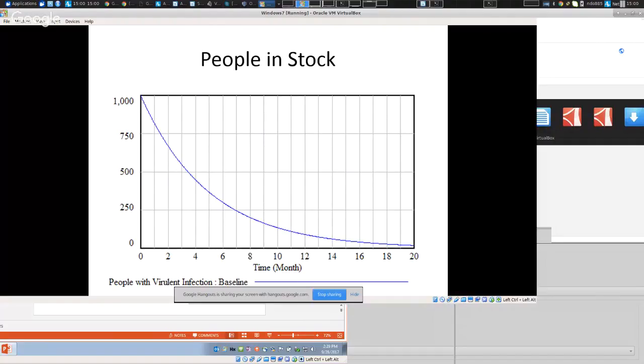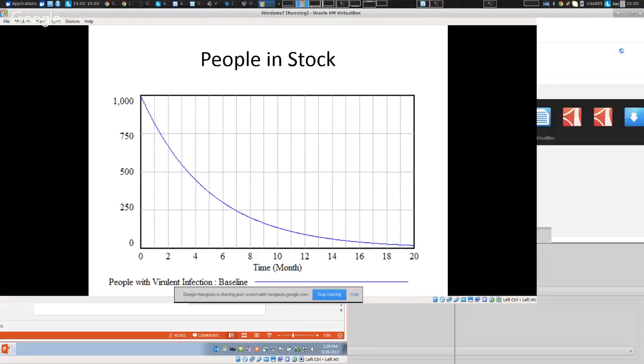Let me just do a sanity check here. As we view this, the number of people in the stock going down like that, is alpha changing over time? No, alpha is constant, conditional on still being in the stock. If you're in the stock, the model has just started, you're a person in the stock, what chance do you have per unit time of leaving, say per year? Alpha, well, continuously compounded.